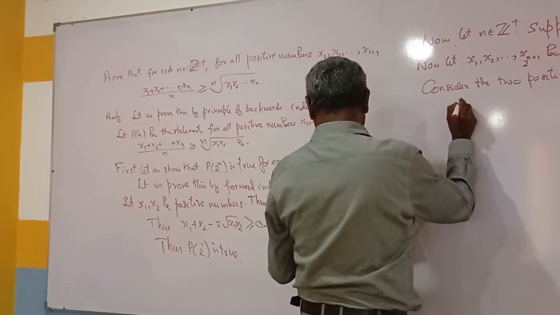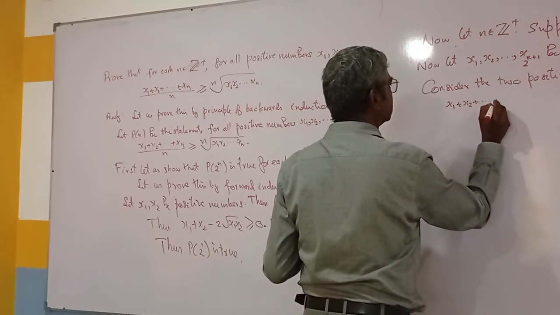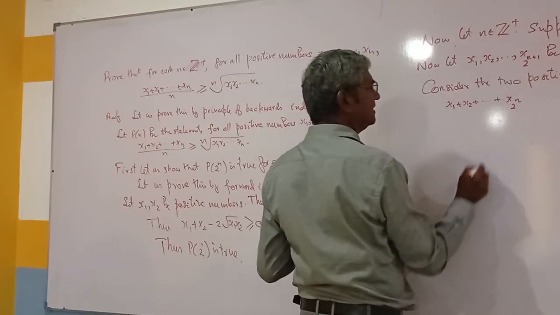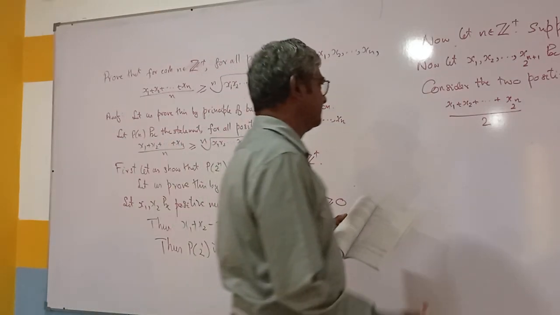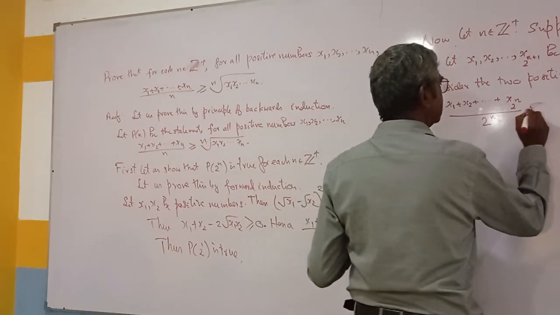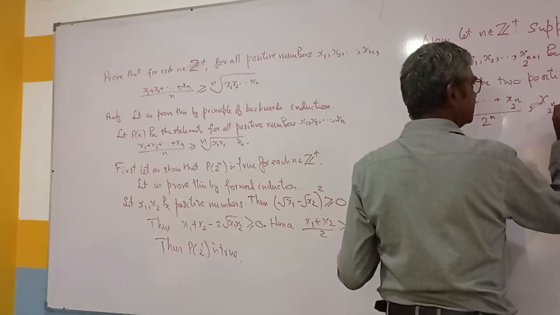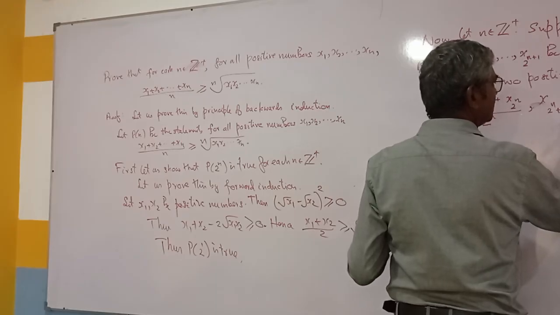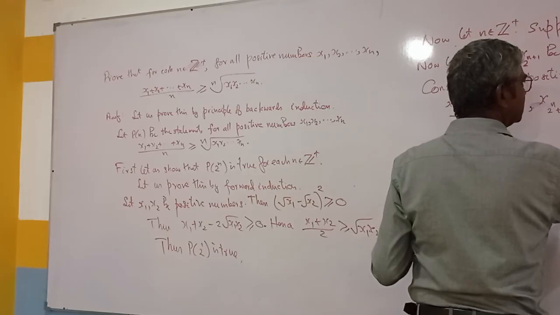One is (x1 plus x2 plus and so on plus x of 2 to the n) divided by 2 to the n, plus (x of 2 to the n plus 1 plus x of 2 to the n plus 2 and so on plus x of 2 to the n plus 1).